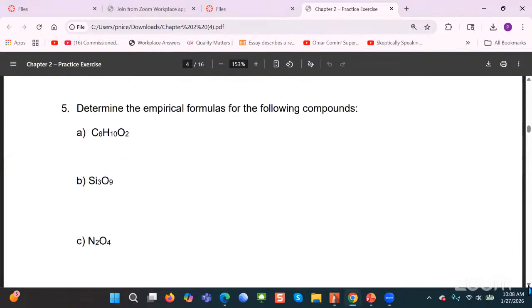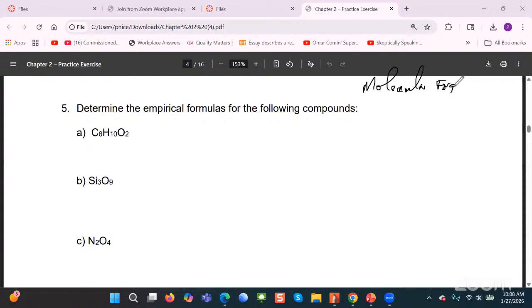Okay, empirical formulas. Again, this is something that you should have met before in introductory chemistry or high school chemistry. Basically, there's a difference between what is called the molecular formula. Let me write this down over here. We'll bring up the pen first. Okay, so briefly, let me just describe what the molecular formula is.